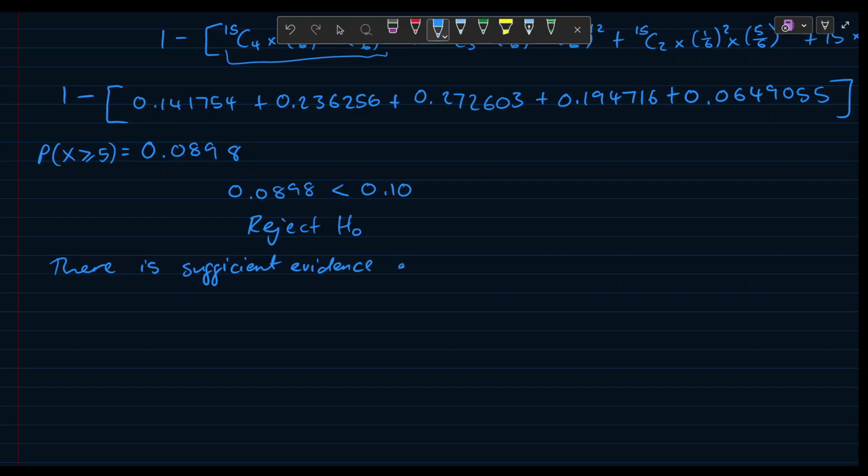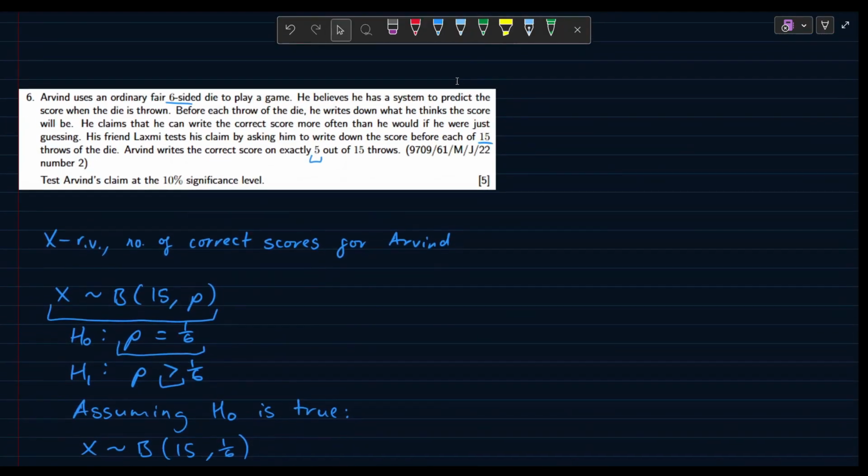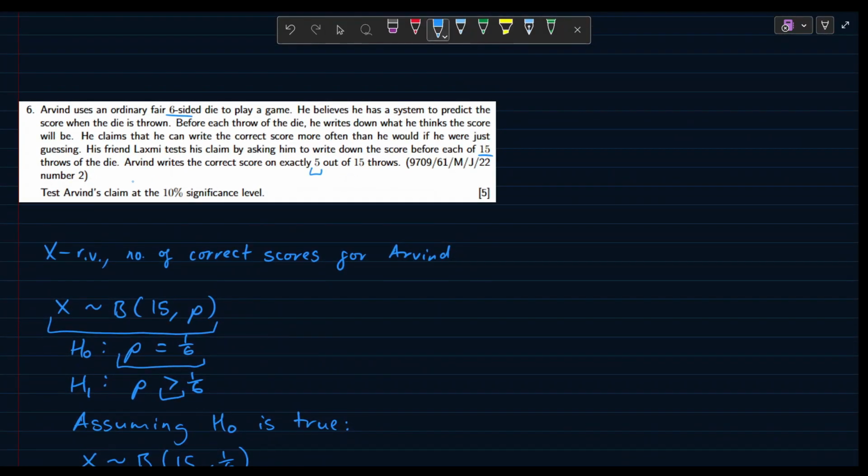at the 10% significance level to suggest that Avent, let's see how they worded it, to suggest that Avent has a system to predict the score when the die is thrown.